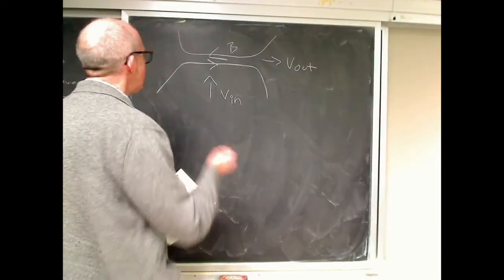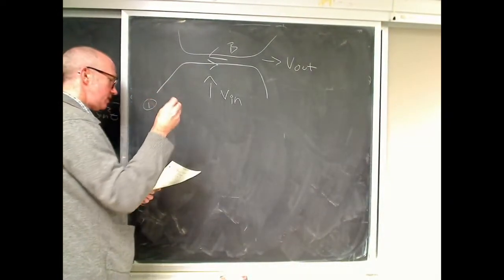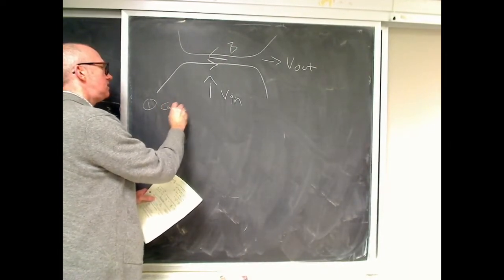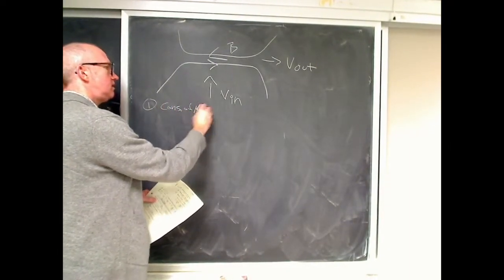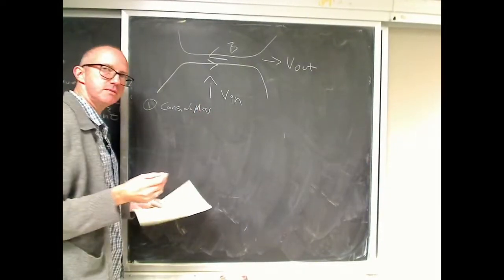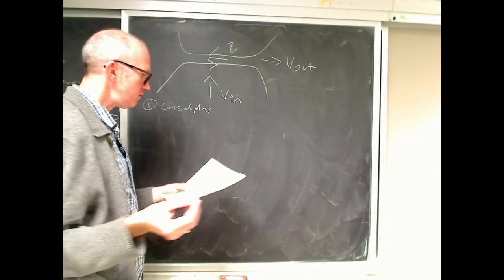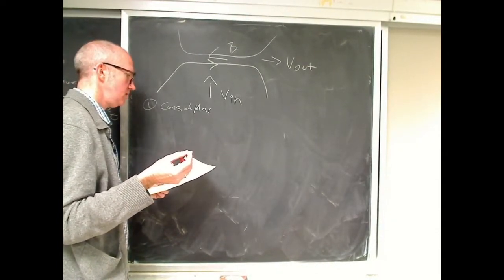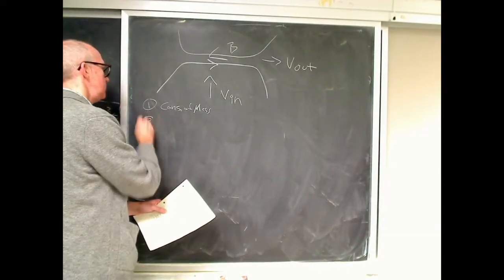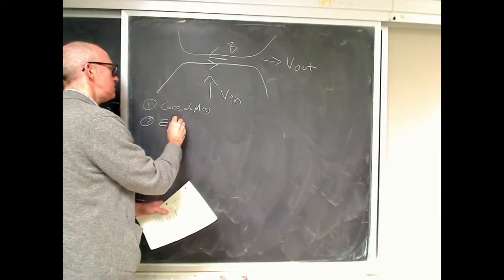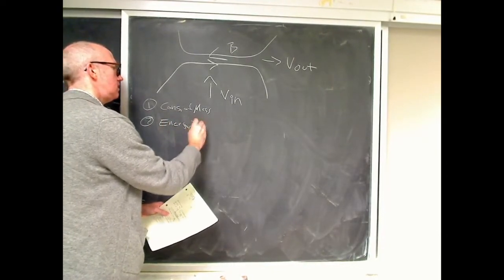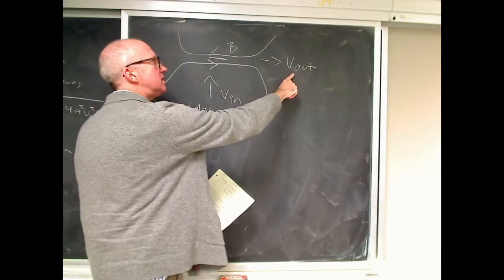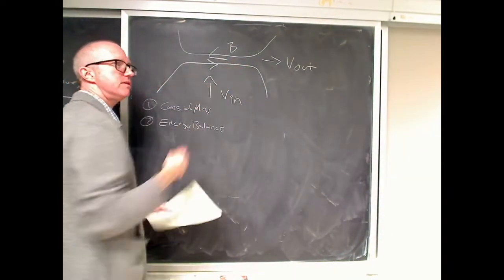So we're going to invoke some of our favorite laws. The first being conservation of mass. The second one is energy balance. This velocity comes from this magnetic field that we destroyed.